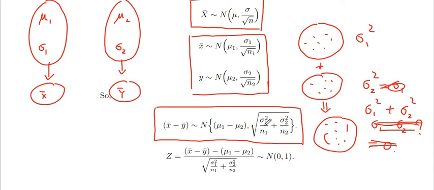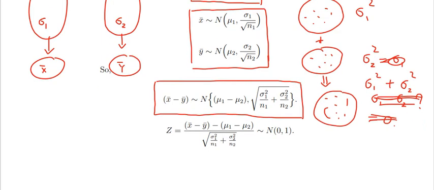So let's say this variance is sigma 1 square over n1 and this variance is sigma 2 square over n2. So variance is added up. Then for the normal distribution, we focus on standard deviation, so we use the square root. So we have this result: x bar minus y bar follows this normal. The mean is this, the standard deviation is this.